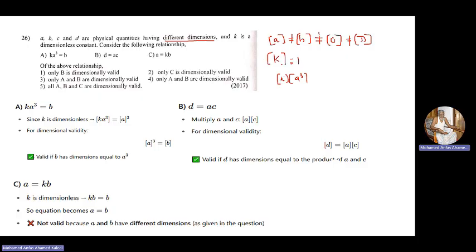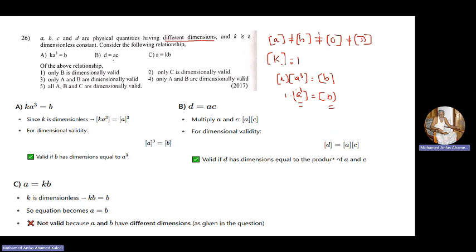K is 1, so the dimension of A cube should be equal to the dimension of B. This can be valid if B's dimension equals A cube, so this equation is possible.